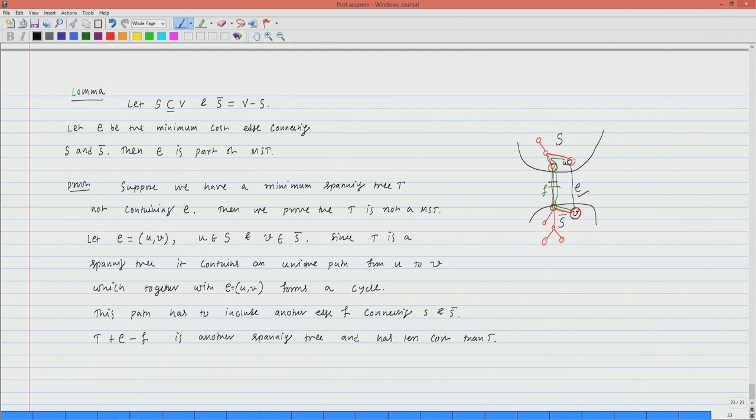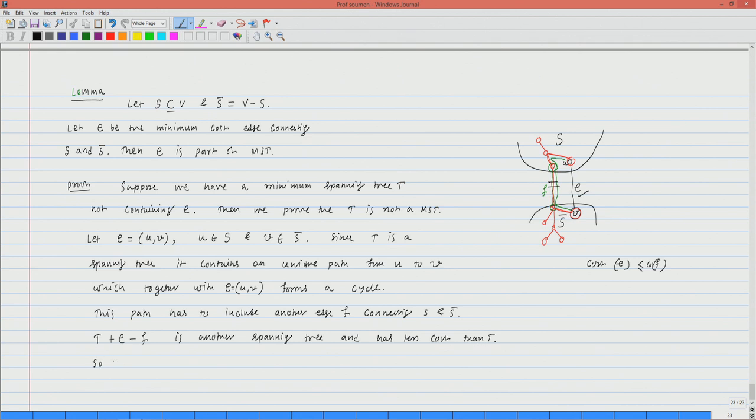This tree has less cost because the cost of E is less than or equal to the cost of f, because E is the minimum cost edge connecting S and S complement. So, we got another spanning tree which has less cost than T.